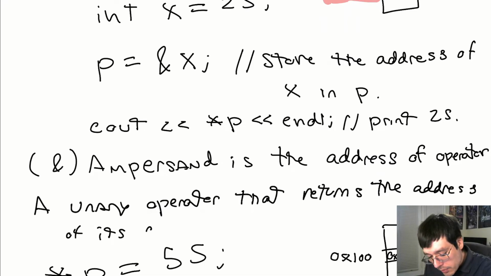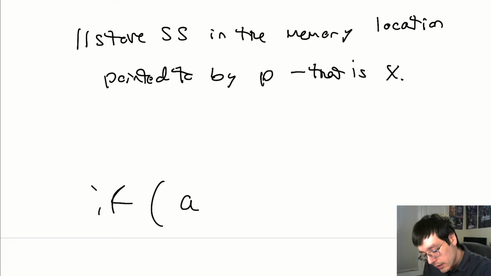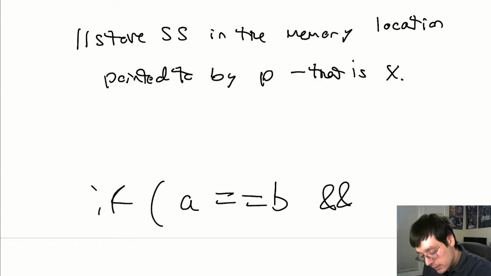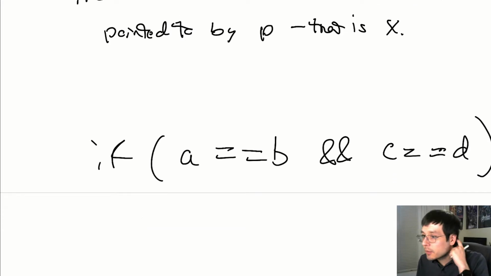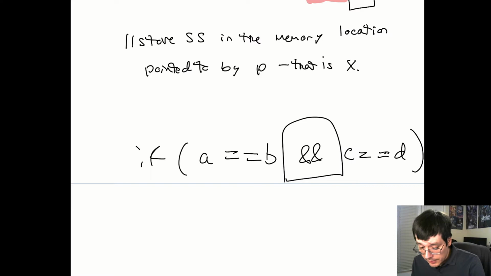And it's important that we remember that it's doing this, because don't forget that I could write, if A is equal to B and C is equal to D. I know this is valid C++ code. Well, don't forget to put the rest of the if statement, but still. In this case, this is an AND, so it's logical AND, right?